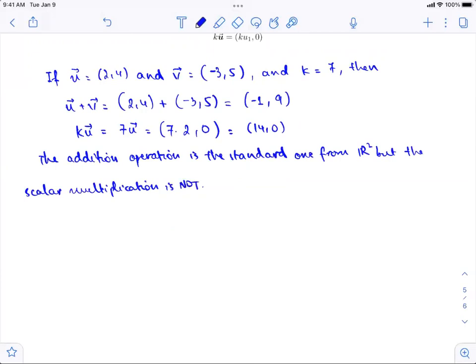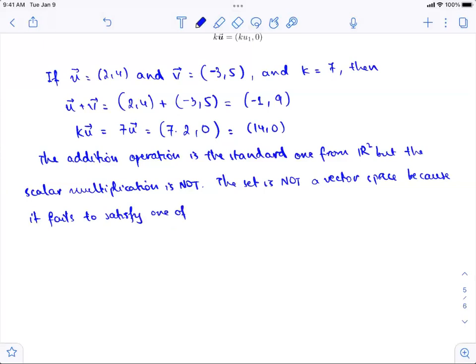And the set is not a vector space, because it fails to satisfy one of the properties of a vector space.